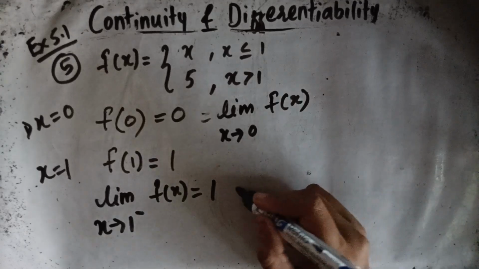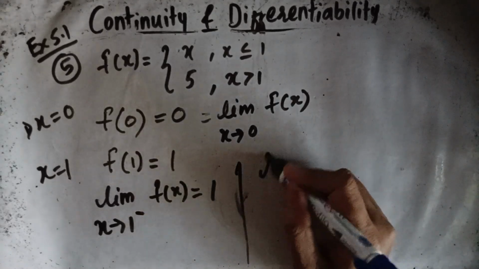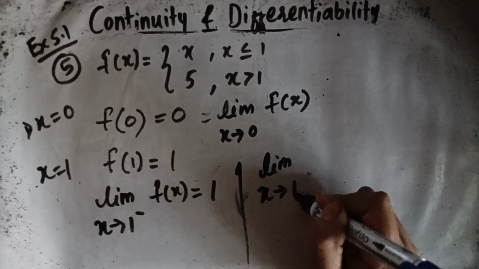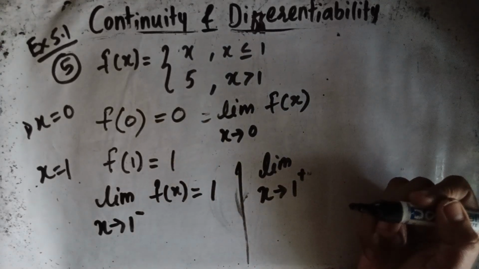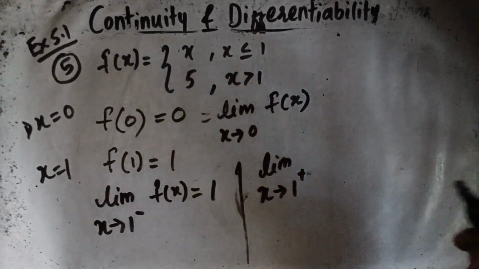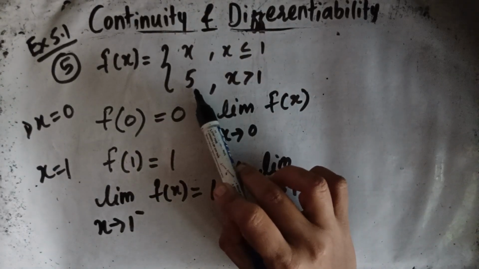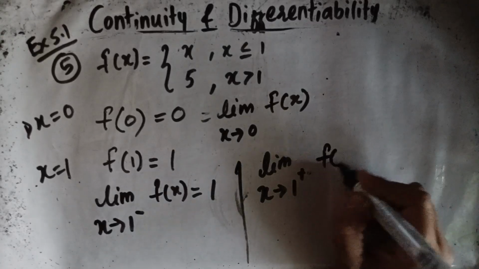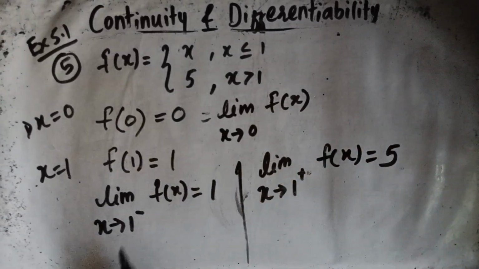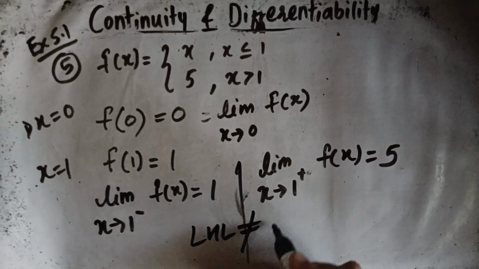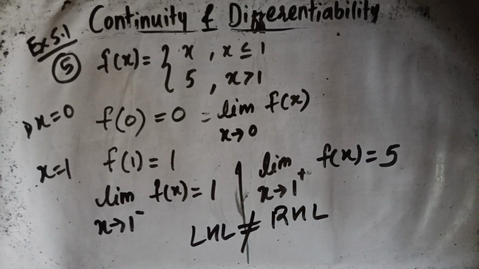And for the limit as x tends to 1 plus, that is we are approaching from the right hand side, so x greater than 1, the values are 5. So we'll get f of x value as 5. So here the left hand limit and right hand limit are not equal. So it is not continuous at x equal to 1.